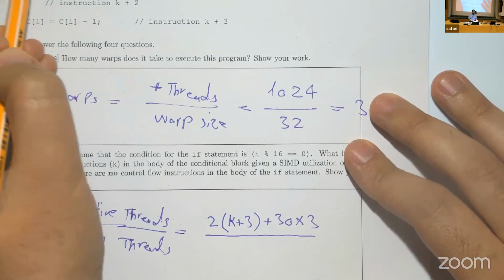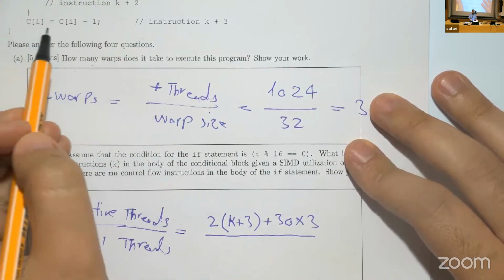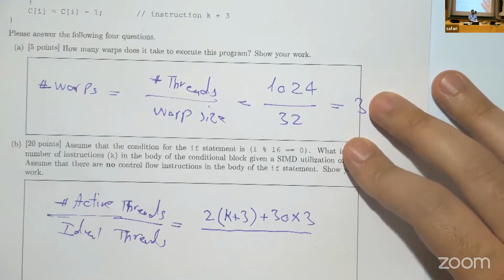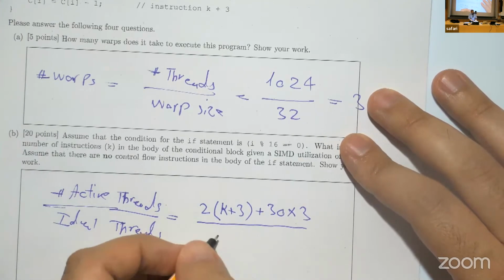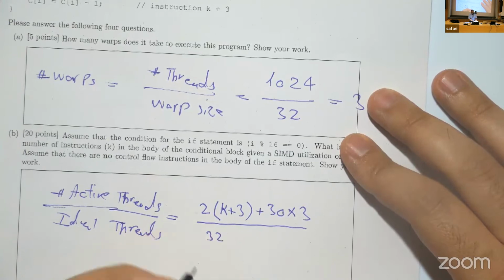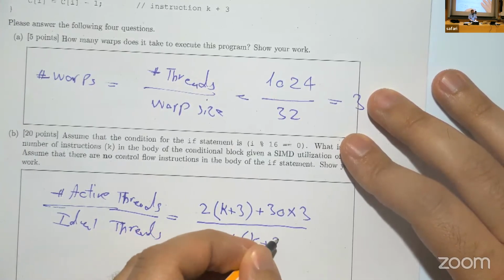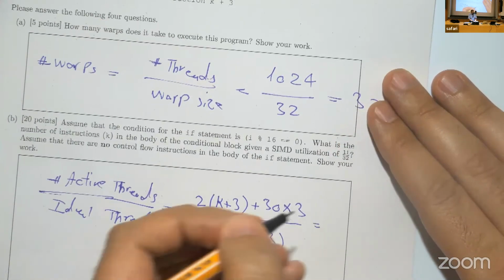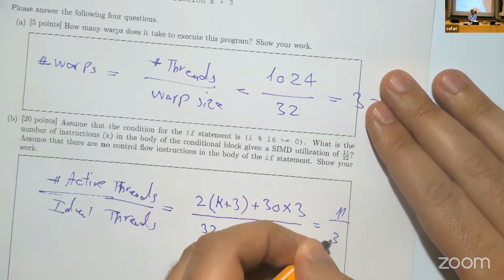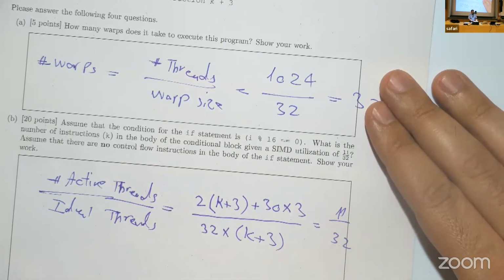These are the if instruction and the last instruction. In the ideal case, all 32 threads execute k plus 3 instructions. So this equals 11/32.